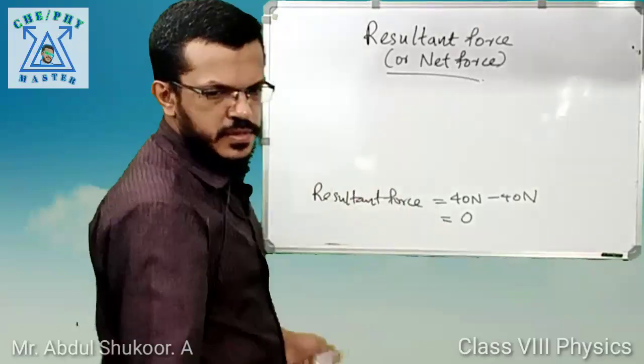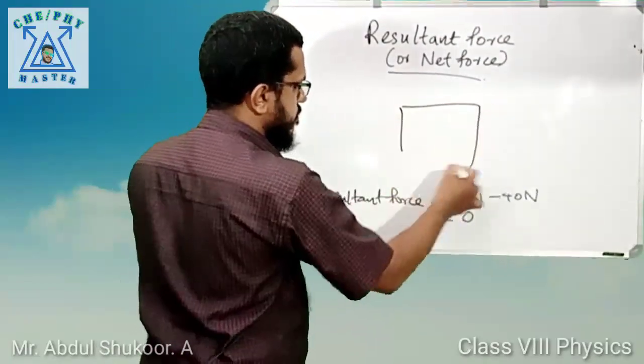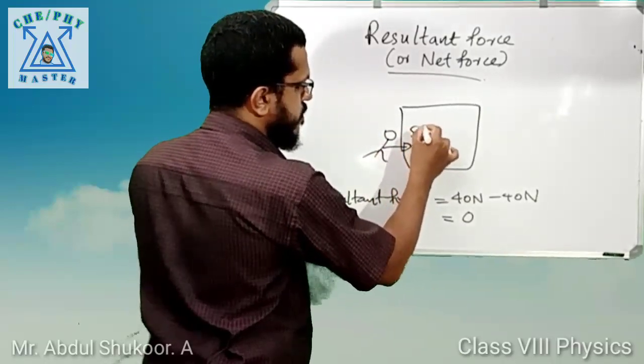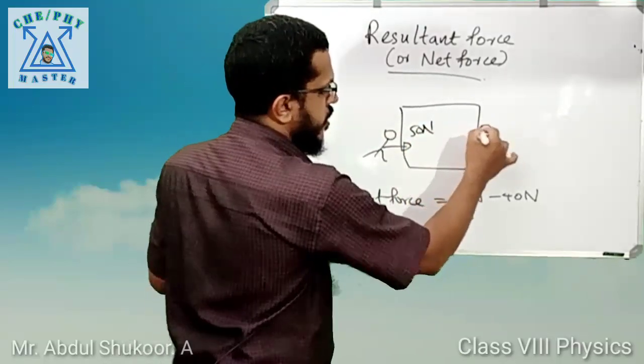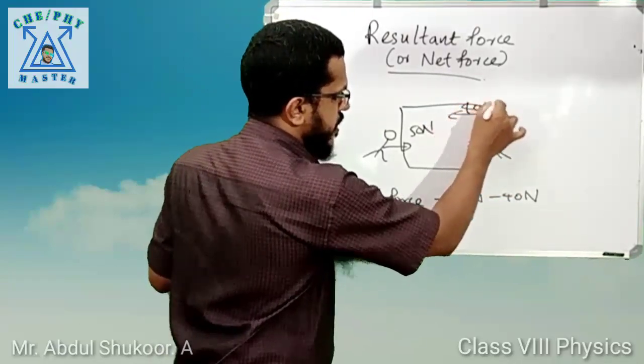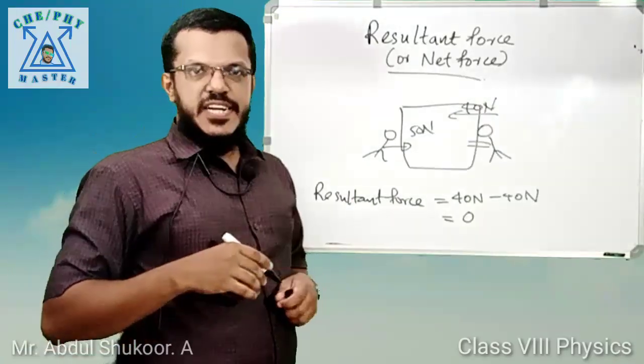You are applying 50 Newton force in this direction, your friend is applying 40 Newton in the opposite direction. Then what is the resultant force?